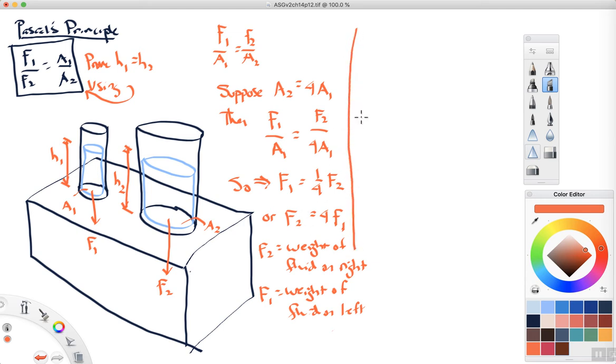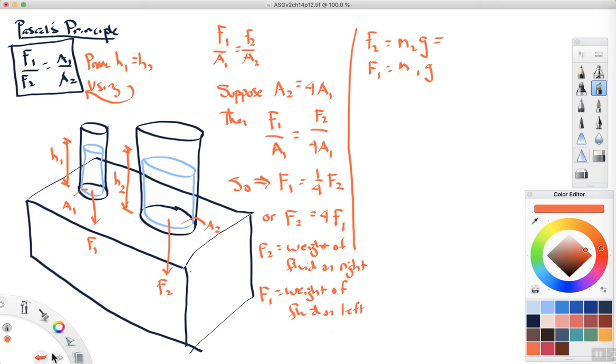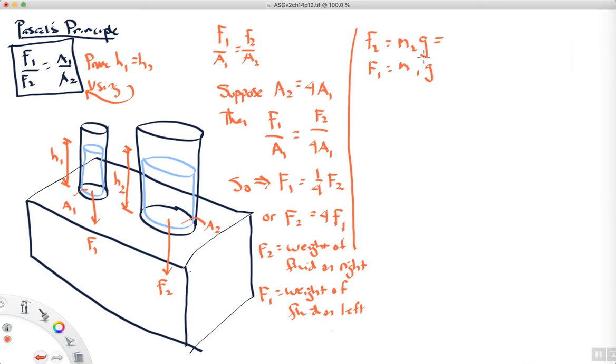How do I express this weight? F2 is going to be equal to the mass of the fluid on the right, M2 times G. And F1 is equal to the mass of the fluid on the left, M1 times G. G, remember, is this conversion factor between mass and force. And what is the mass of the fluid? Mass 2 is going to be the density of the water or whatever fluid we have times the volume of the fluid on the right.